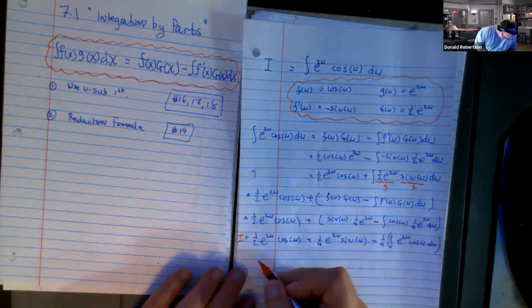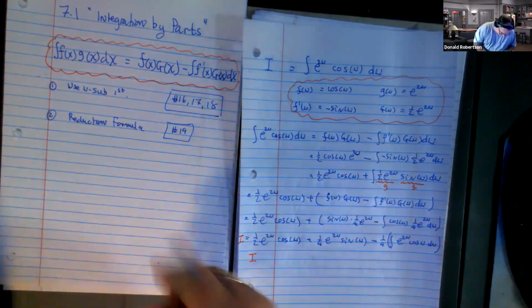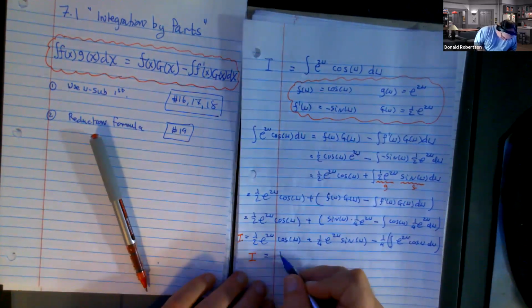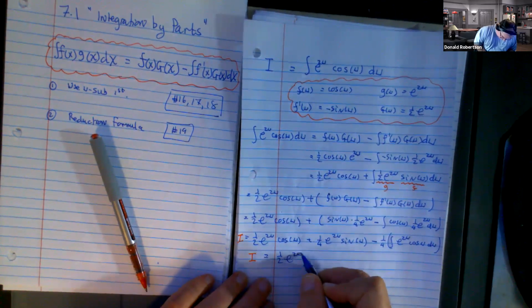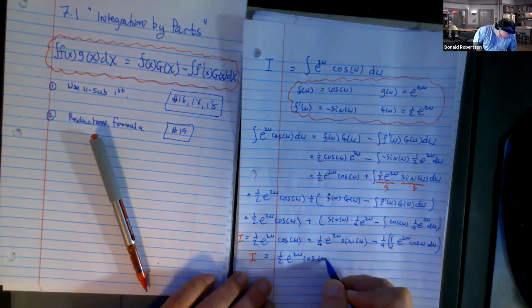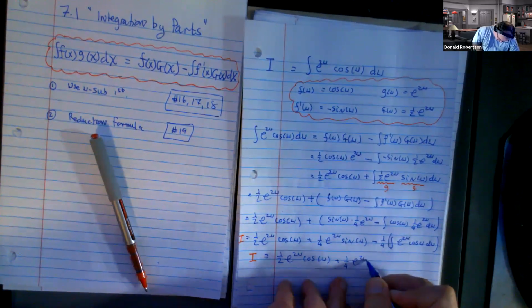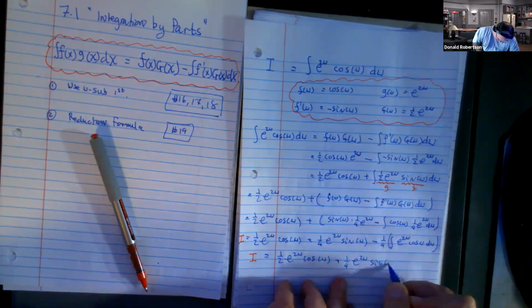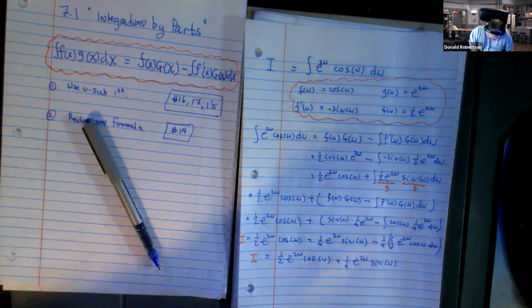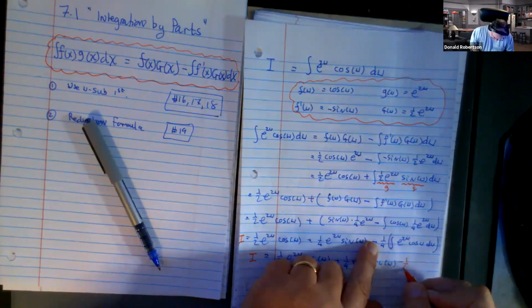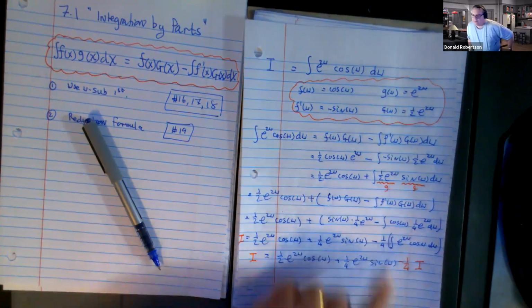That means that the original integral is 1/2 e to the 2u cosine u plus 1/4 e to the 2u sine u minus 1/4 the integral at the start.